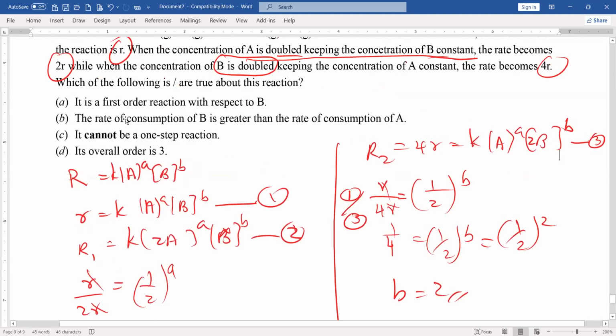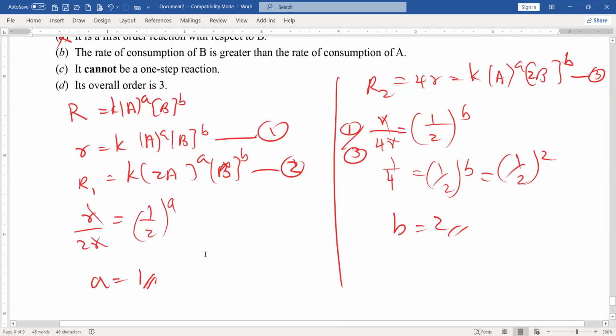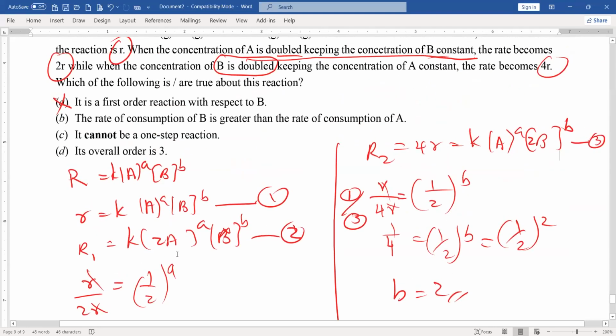What do they ask? The first order reaction with respect to B, that is formed. It is second order with respect to B and first order with respect to A. Right? Option A is wrong.